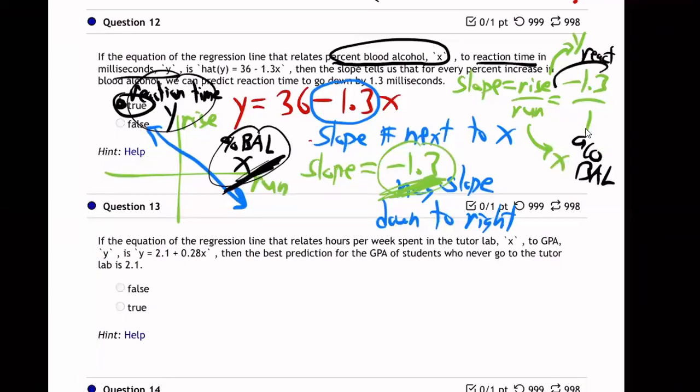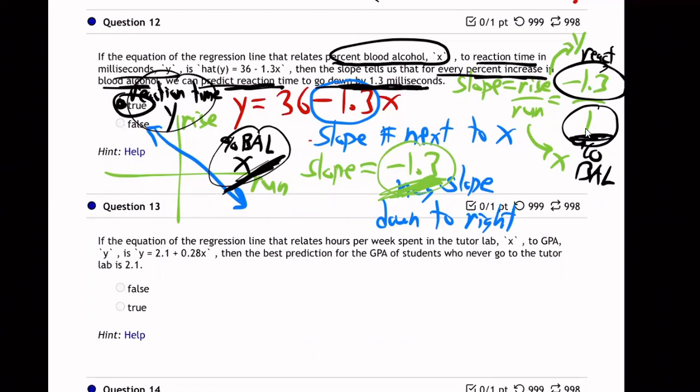So they're saying down 1.3 reaction time anytime you go up 1% in the blood alcohol level. Exactly. Down 1.3 milliseconds on your reaction time for every 1% increase in blood alcohol level. It's a graph directly showing how your reactions go down as your blood alcohol level goes up. That's exactly what it's saying.